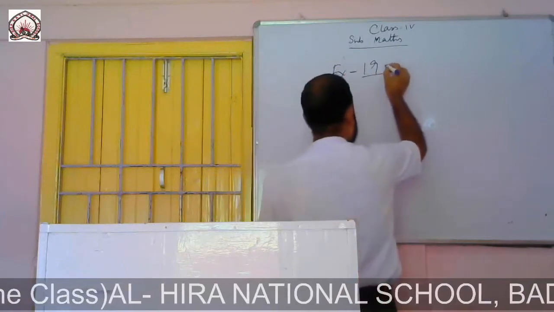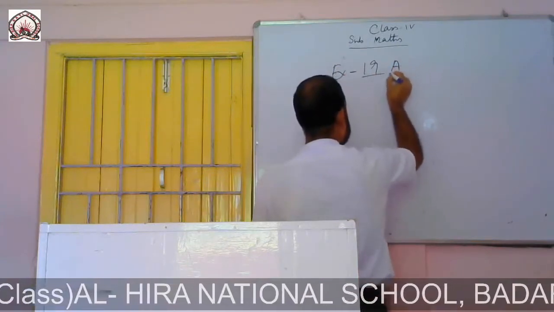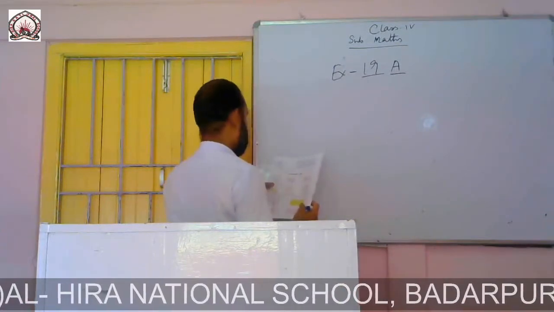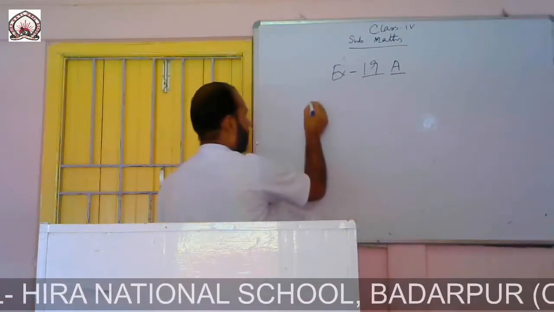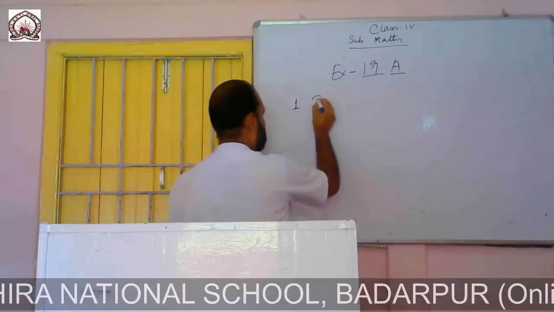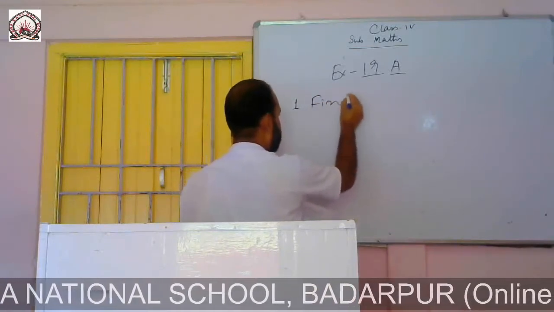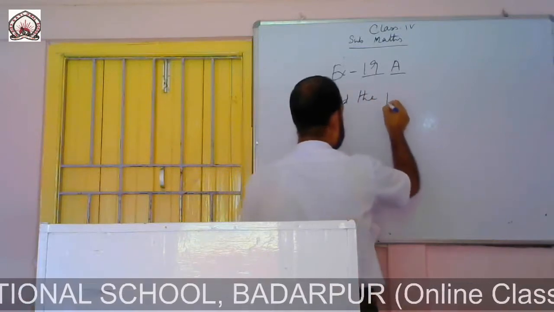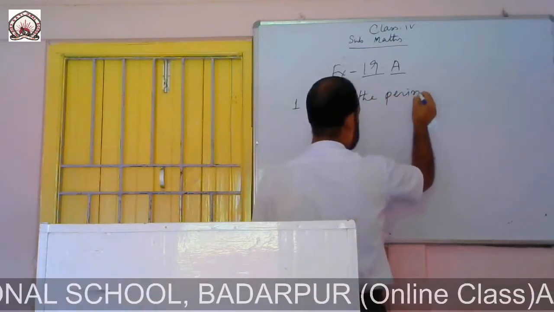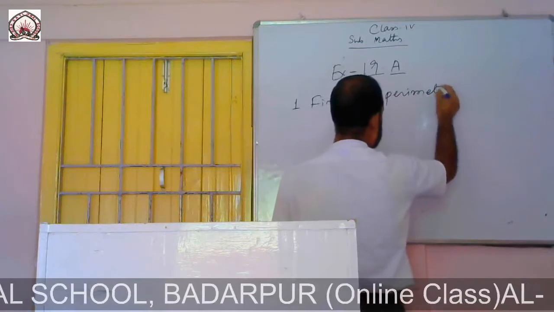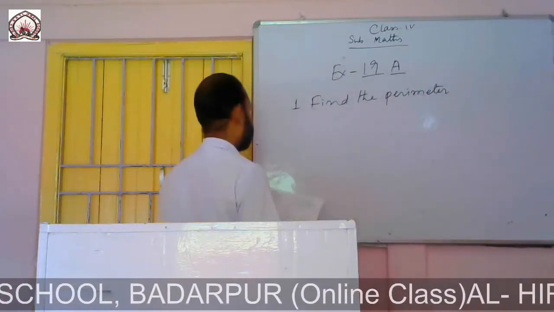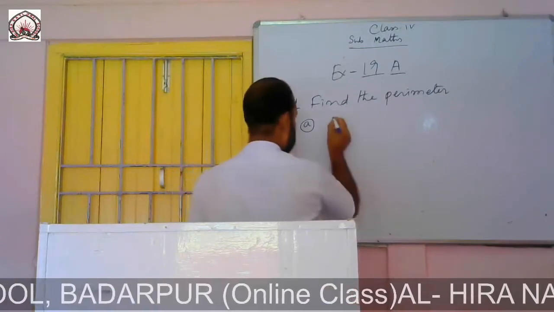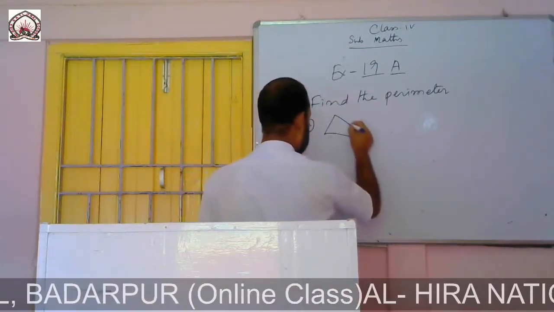Exercise 19A. Question number 1. Find the perimeter of a triangle.